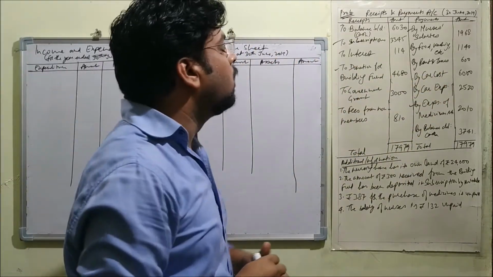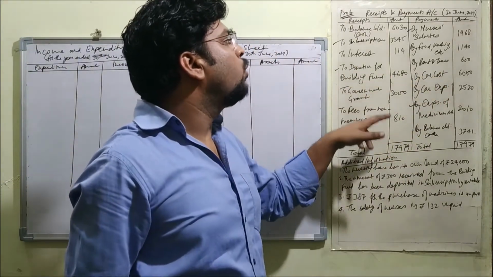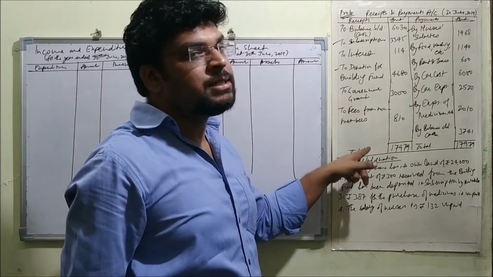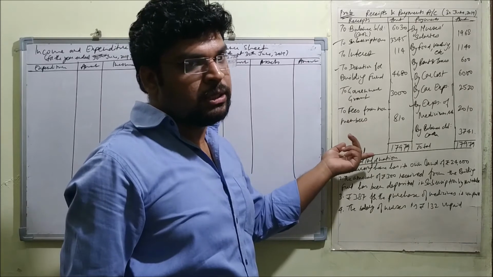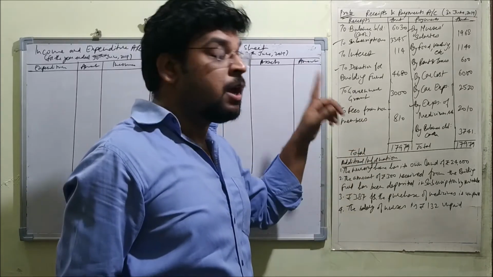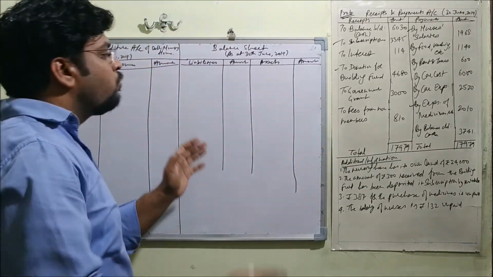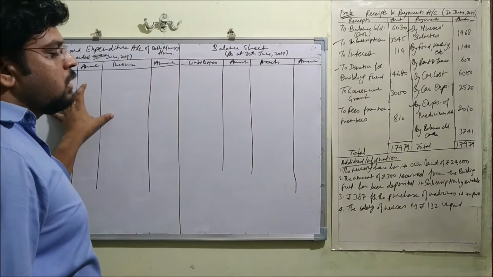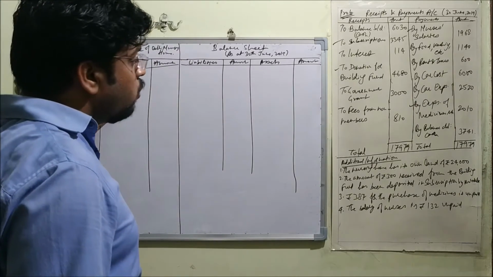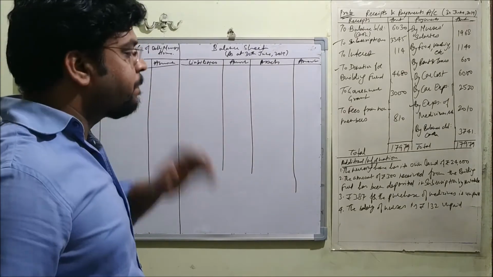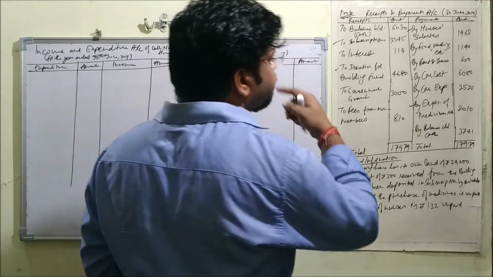But remember, the receipt and payment account has both kinds of expenditure and both kinds of receipt. It has capital receipt as well as revenue receipt. Similarly, it has capital expenditure as well as revenue expenditure. But we will have to bifurcate. Revenue items will be tackled in the income expenditure account and capital items will be tackled in the balance sheet. Okay, so let's move on.